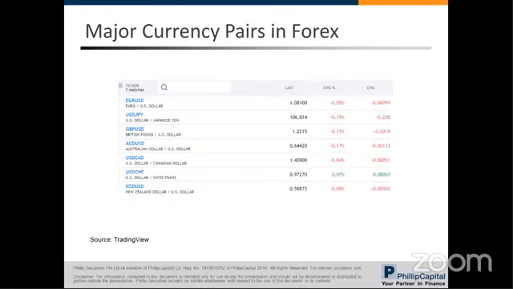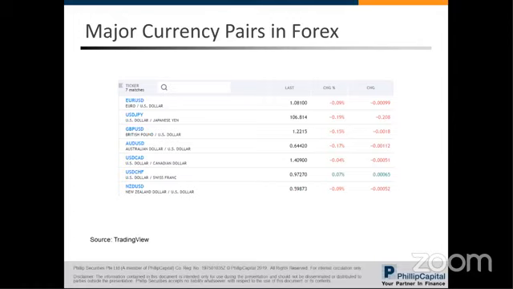In FX itself, we also have the major currency pairs. These are currencies that are traded quite frequently in the FX space. As you can see here, they are all related to USD because USD is the reserve currency. These are the most frequently traded pairs in the forex space.